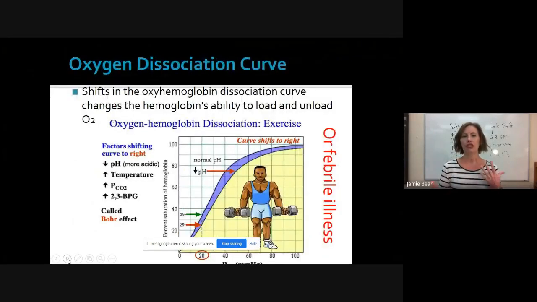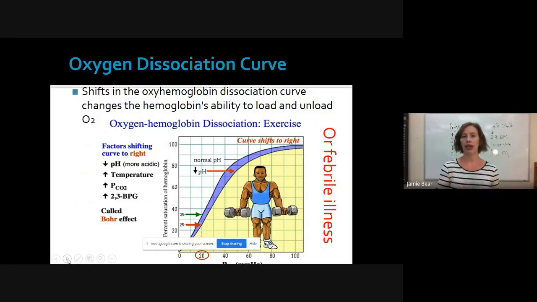Then we have different shifting in the oxyhemoglobin dissociation curve based on different physiologic conditions. When we talk about shifting in the curve, we're talking about how easily oxygen binds to hemoglobin.